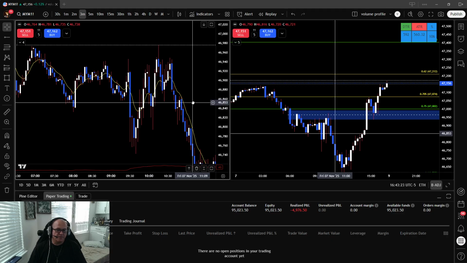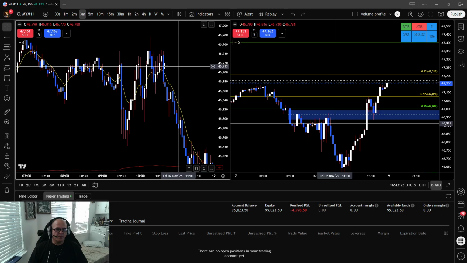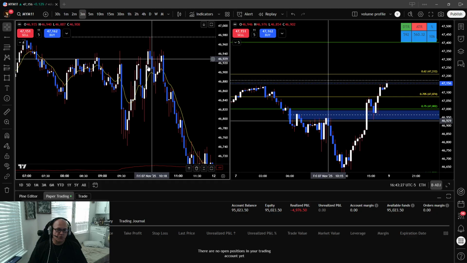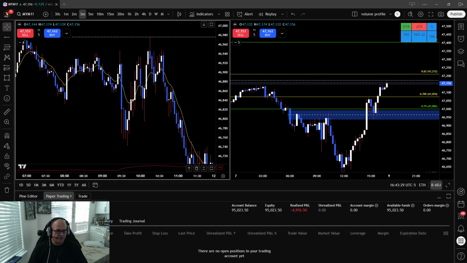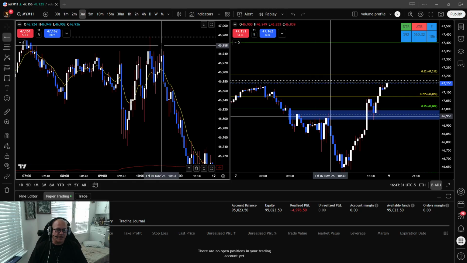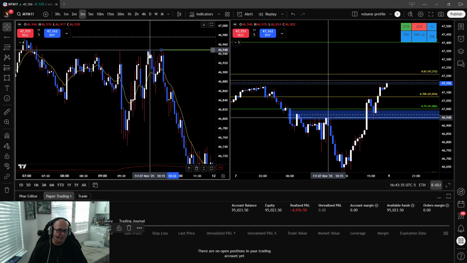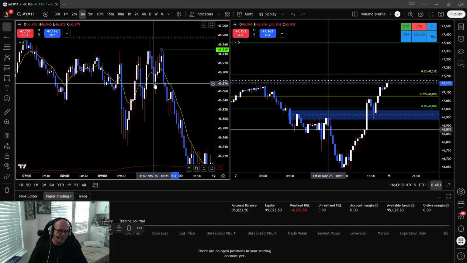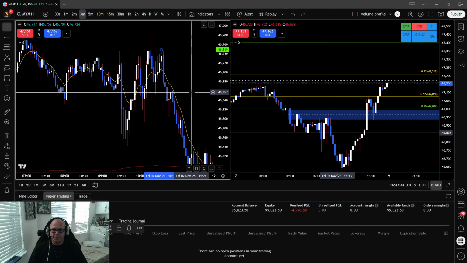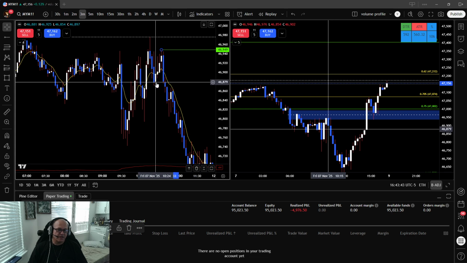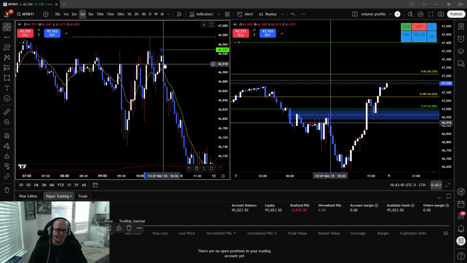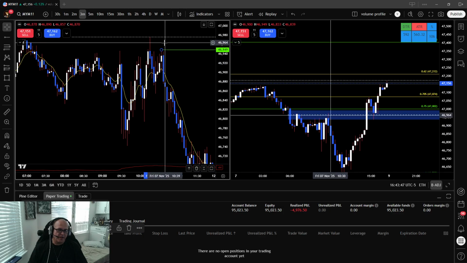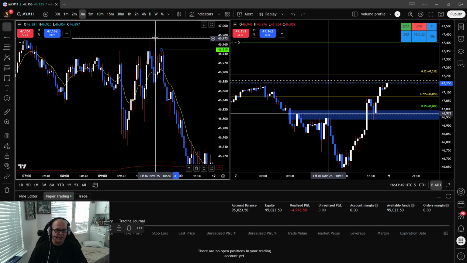Now, what I'm looking for is swing highs and swing lows, and I will be marking those out as they come along. So after we push up and reverse and we have our bearish engulfing candle, the next 15-minute candle starts pushing up and makes a lower swing high.